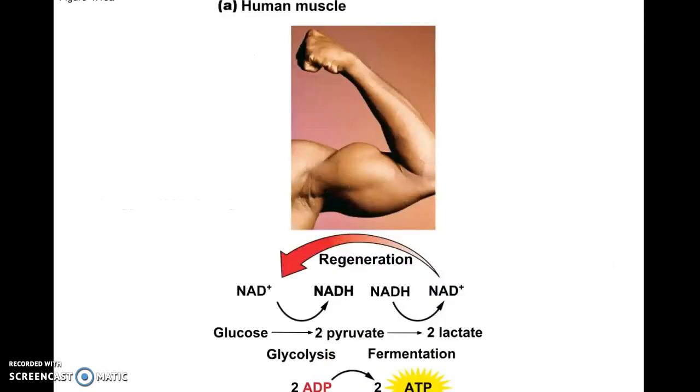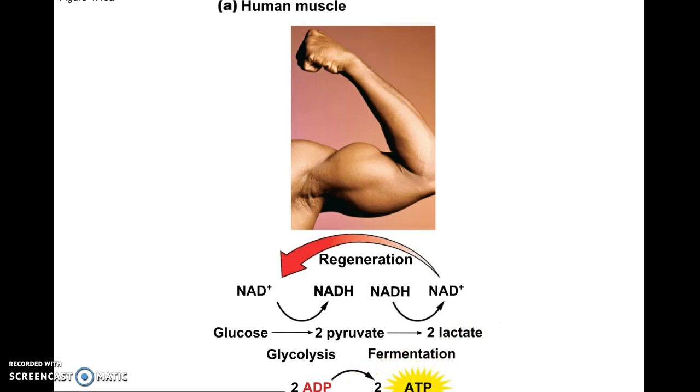Okay, so in human muscle cells and other animals, glucose goes through glycolysis to produce the pyruvate, but because there isn't any oxygen available, the electron transport chain can't happen, and we can't do the full cellular respiration. So the pyruvate is converted to lactate, or lactic acid, which does the whole NADH regeneration thing, which I'm not going to ask you a whole lot more about, but just so that you have it in your head.